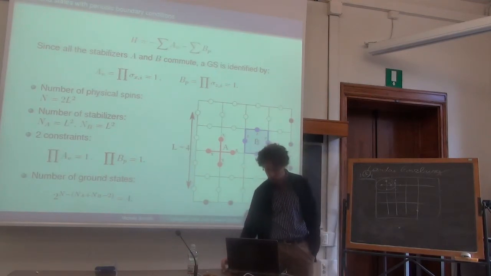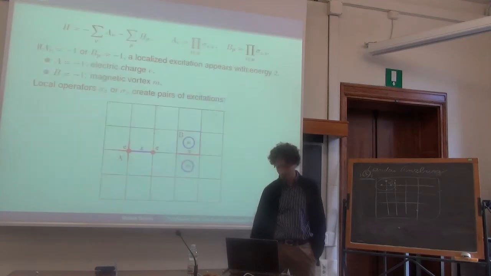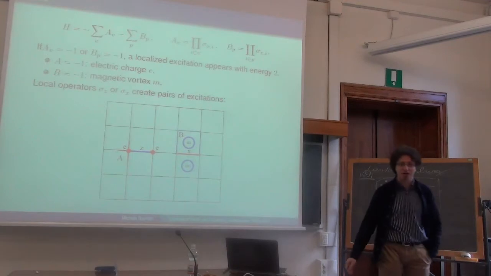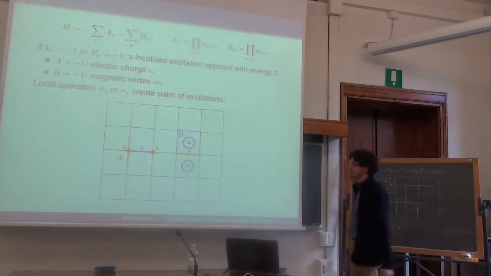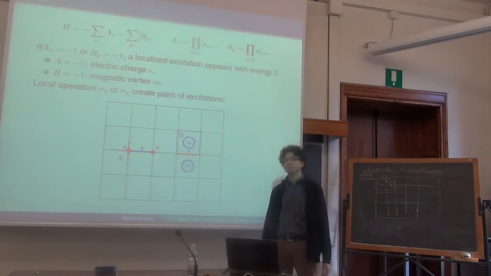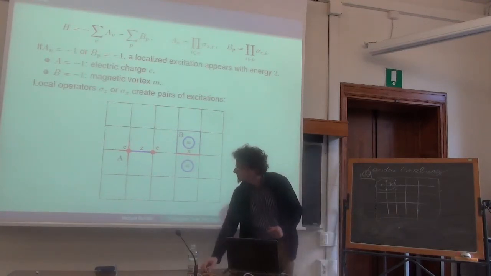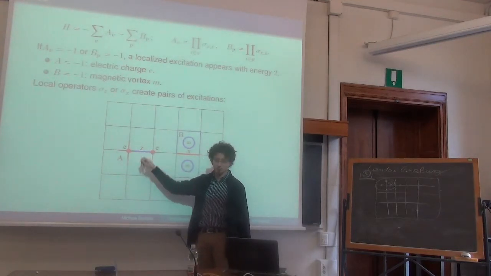So there are 4 ground states, and I will try to explain how these ground states may be manipulated or at least understood. To do this, we must ask what the highest energy states are, and essentially we obtain that there are 2 sorts of excitation. Let us start from a ground state, and let us imagine applying a sigma z operator centered on this edge.